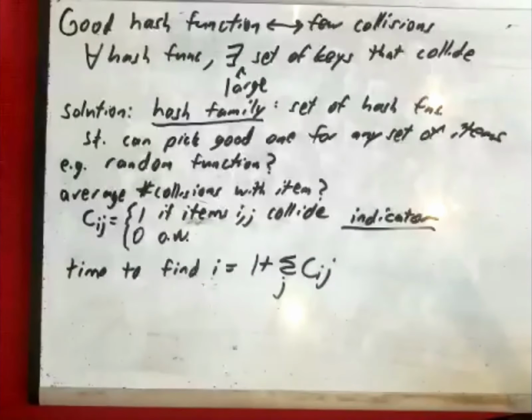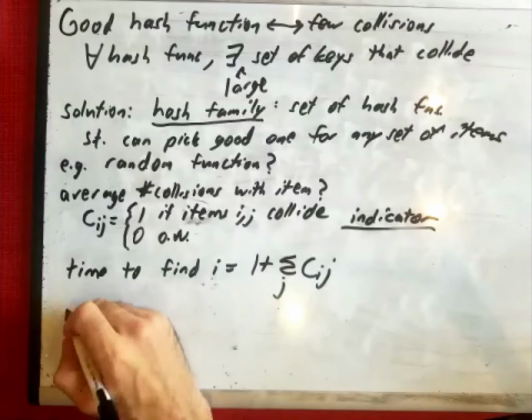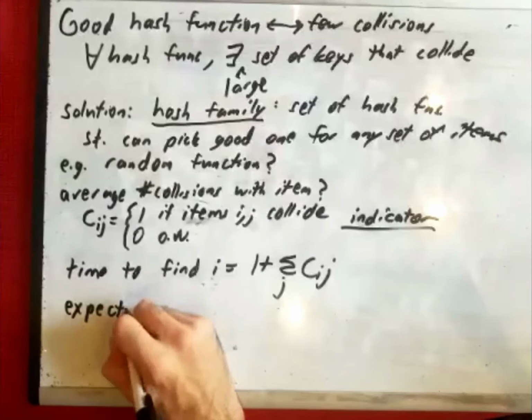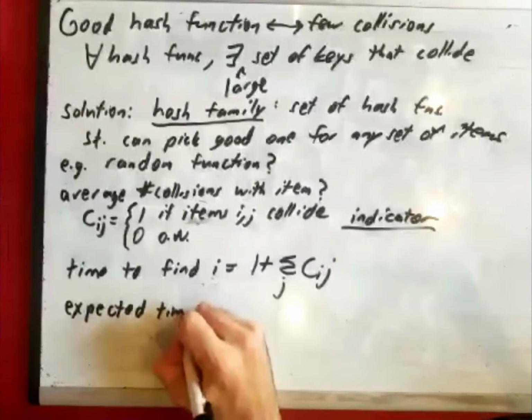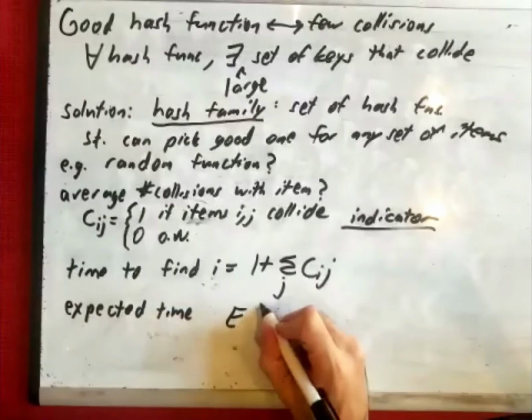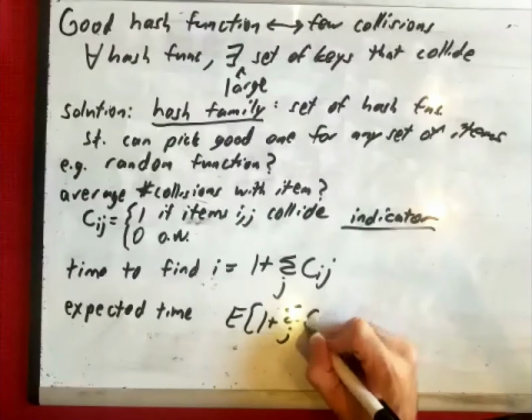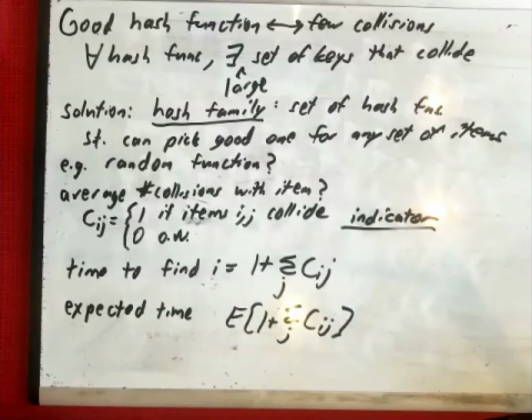And so the sum of Cij is telling me the number of collisions with i, the size of the linked list that i is in. So now I can say that the expected time to find i is just the expected value of 1 plus the sum over j of Cij.